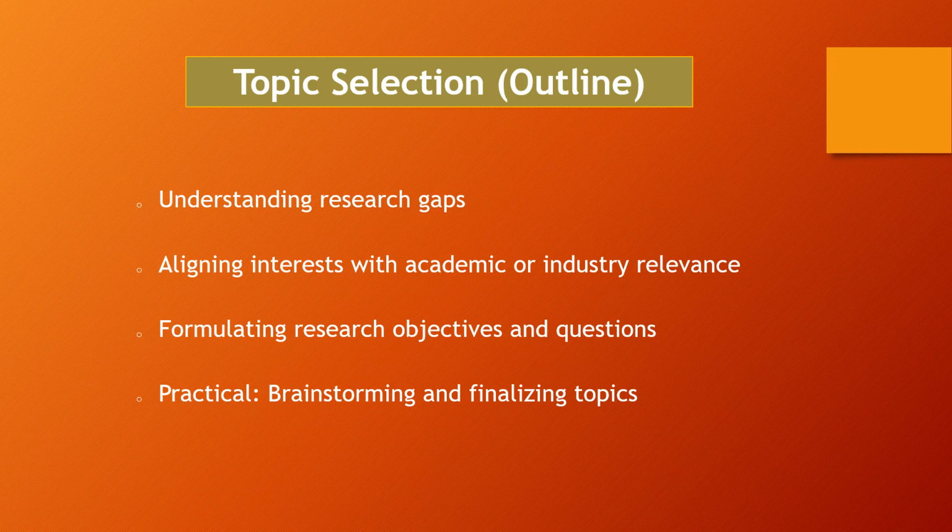And we're also going to be formulating research objectives and questions. This is key, because if you miss your research objectives and questions, you might get your work muddled up. So your research objectives and questions are very important when it comes to research writing. And then we're going to have a practical session in which you're going to brainstorm and finalize your topic. So we are good to go, right?